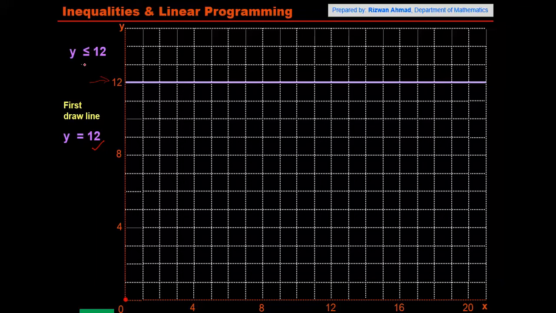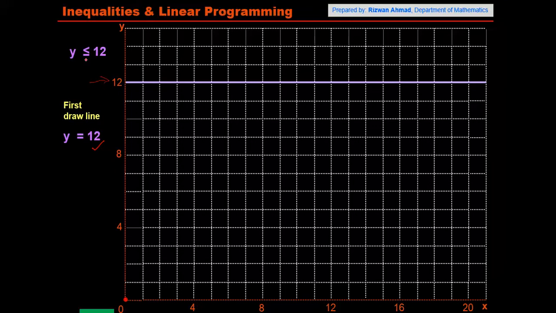If in the inequality there is an equal sign as well, like it is less than or equal to, the line we will make bold or dark. Otherwise, if it is only y is less than 12, this line will be a broken line. So here it is less than or equal to 12, so it is a bold line passing through 12.